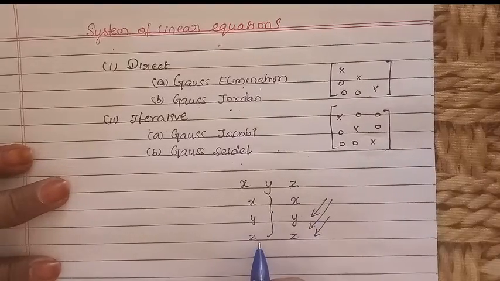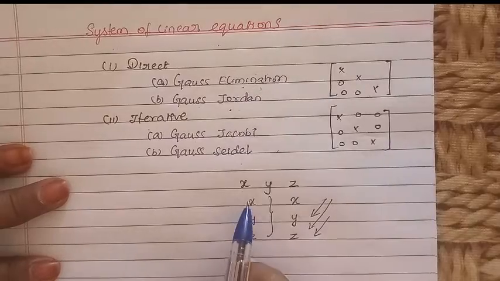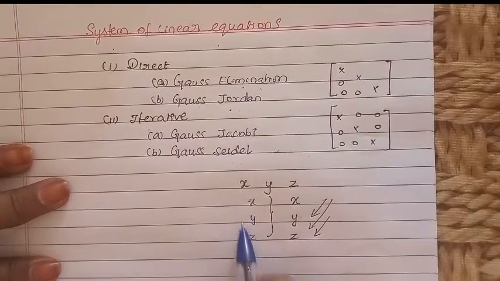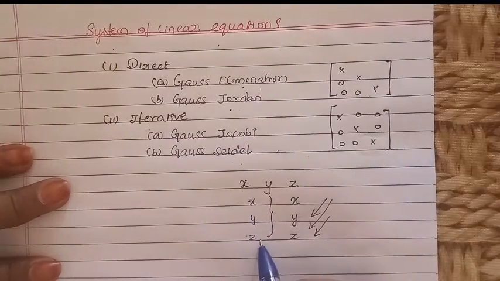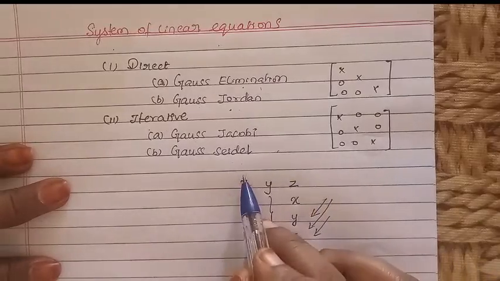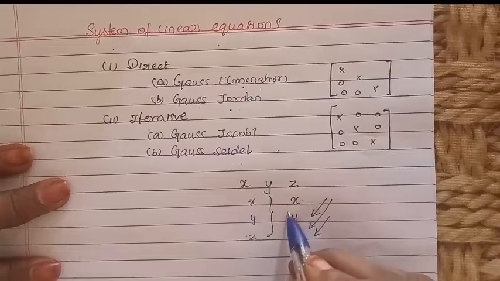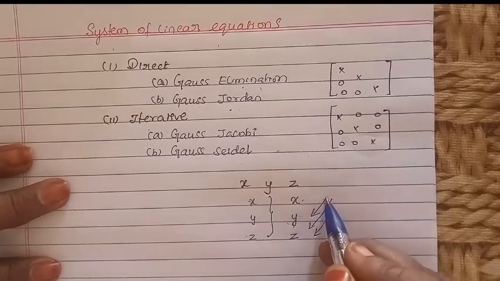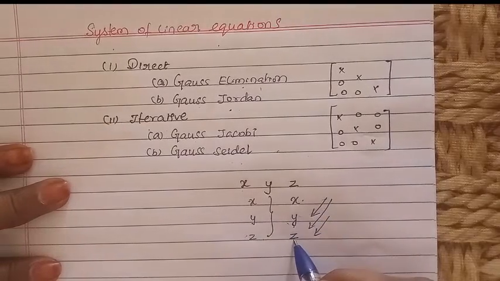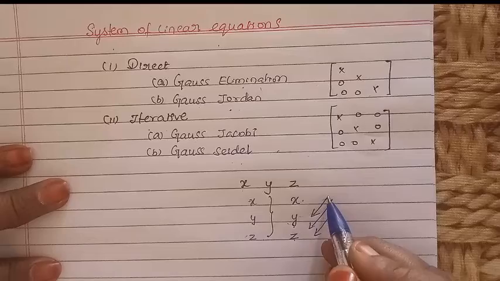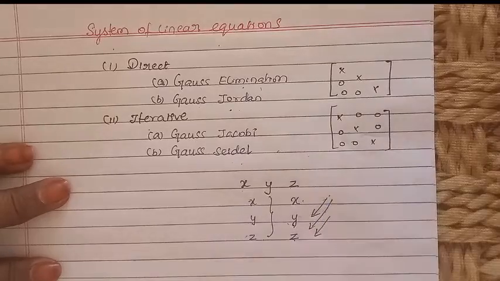But in the case of the Gauss-Jacobi method, only after getting all three values of x, y and z will we substitute them back in the given equation. But in Gauss-Seidel, after initializing x to 0, for getting the value of y we'll use the recent value of x. To get the value of z, we'll use the recent values of x and y.